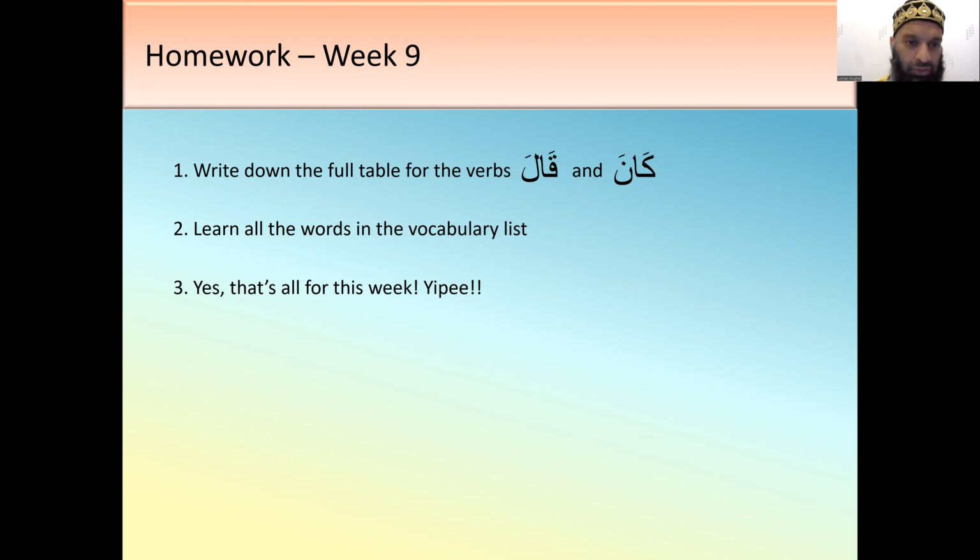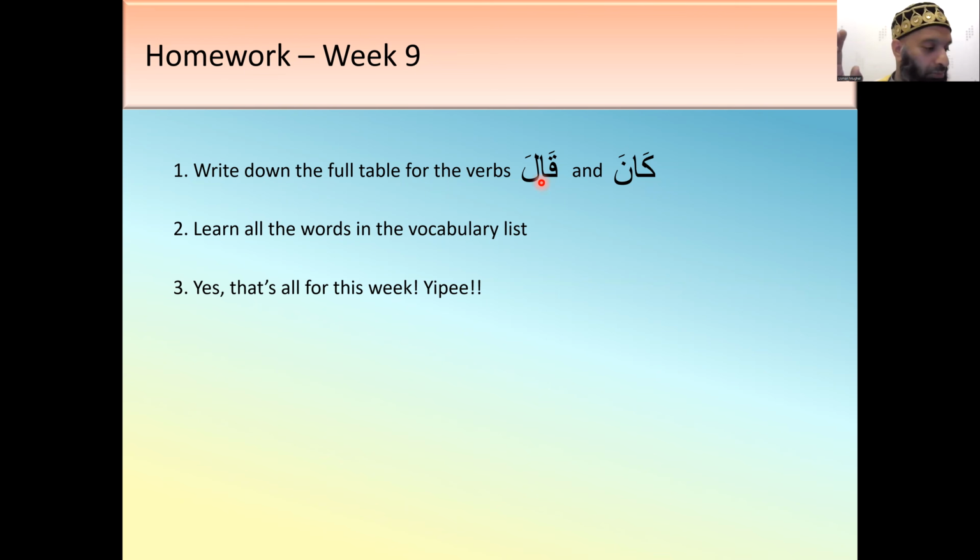And then we've got the homework. The homework is to write down the full table of the verbs kana and qala. So it's just copying those tables in the hopes that you're going to learn it.